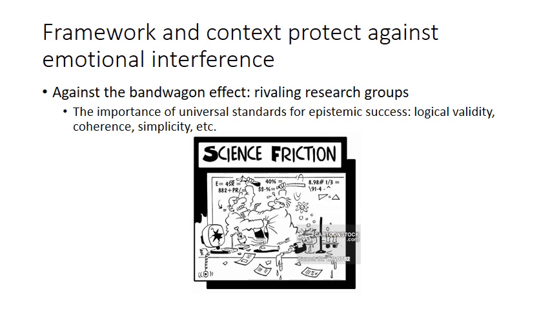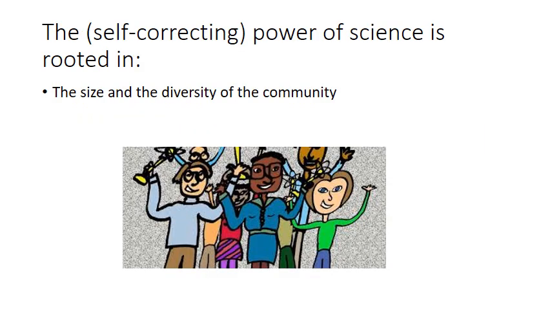So science friction, as you can see on the little picture, keeps scientists from succumbing to their confirmation and overconfidence bias or scientific groups, and so rids science of many errors. And so the power of science is rooted not in the genius of individual scientists, but very much in the size and the diversity of the community.